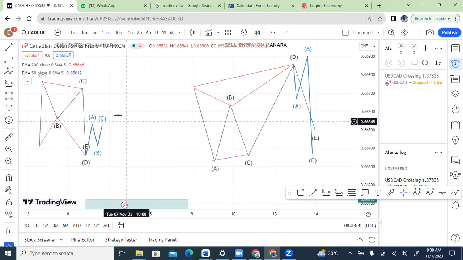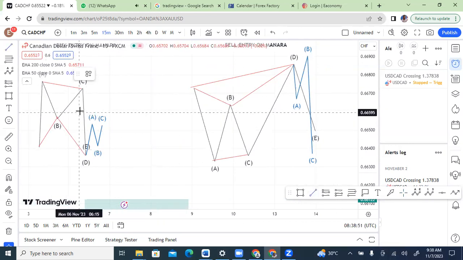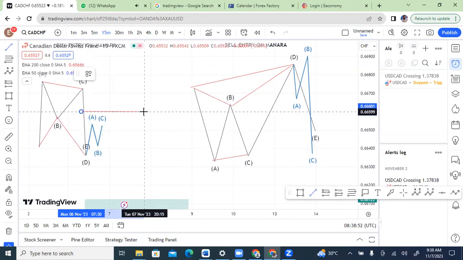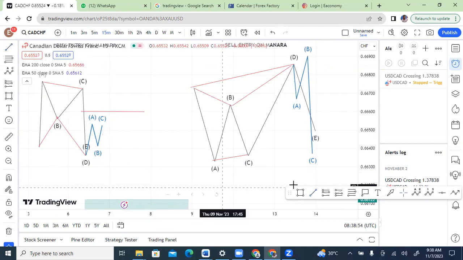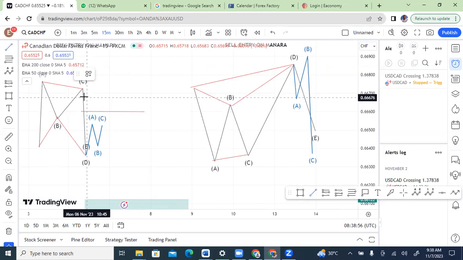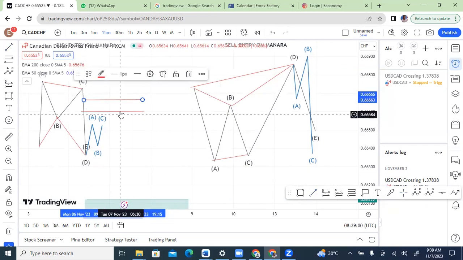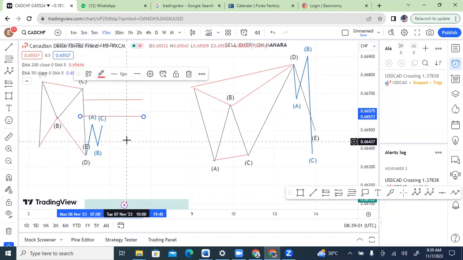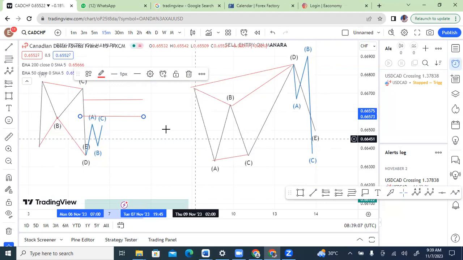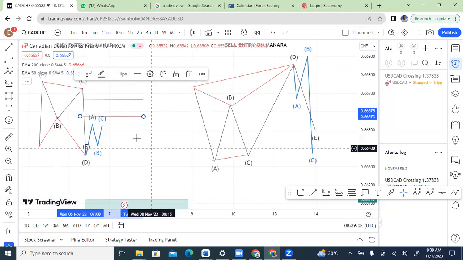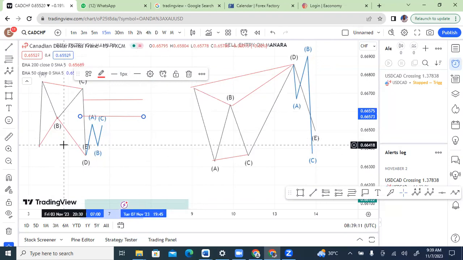Manara always gives you a target 1 and a target 2. So what I advise people to do is that when you want to open a trade, for example, you want to risk 0.2, you should open it in 2 positions for that 0.2.